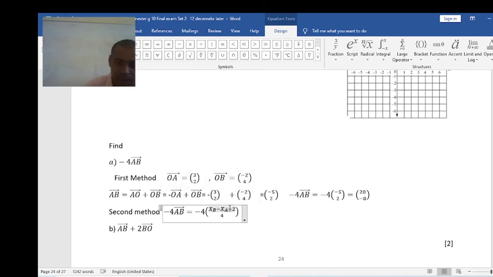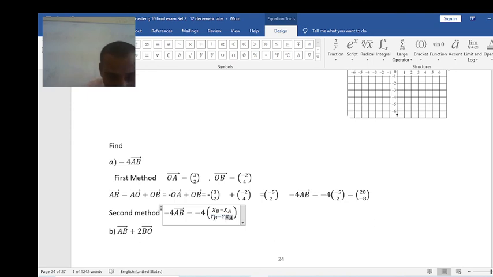And then yB minus yA. Now you see this one, xB is negative 2.